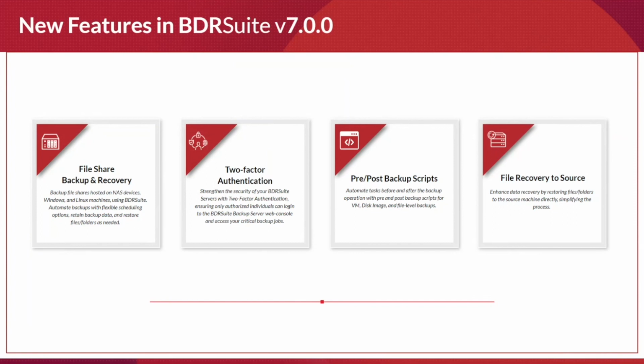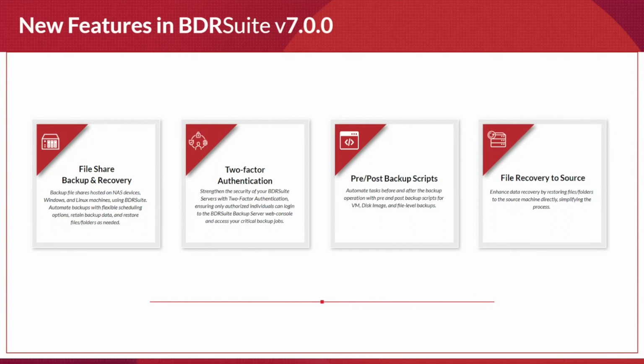Now, ransomware is something that we are tirelessly working on, and we also have some great plans in our roadmap for the upcoming release of 7.1. But in this 7.0, we have added pre and post backup scripts. So you can automate the process.